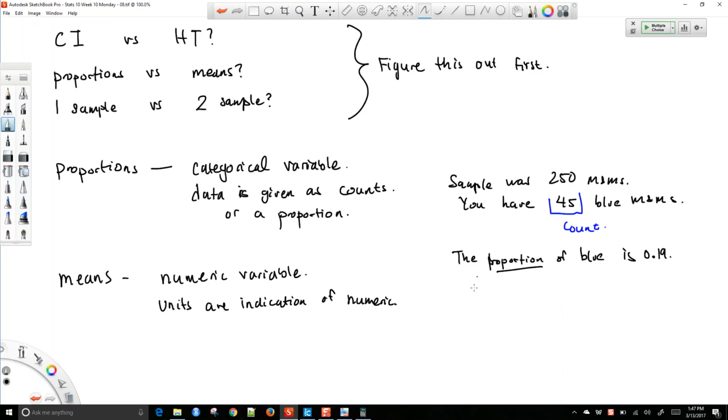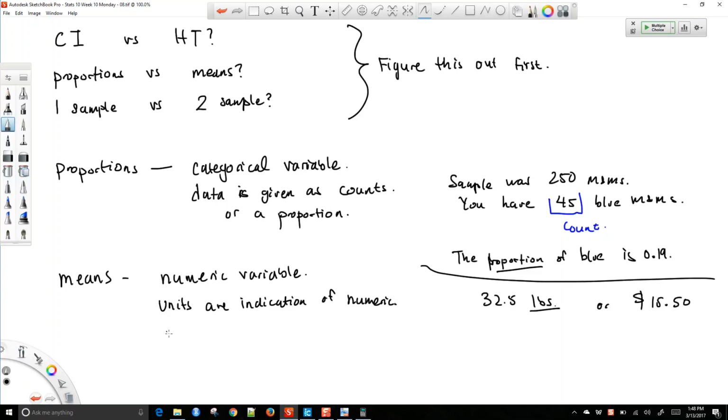So if it says something like 32.5 pounds, the fact that it's measured in pounds means it's numeric, right? Or a dollar amount, it could be $15.50, okay? Dollars being a unit. Units are an indication of a numeric variable.